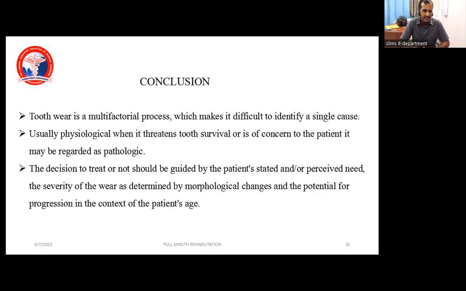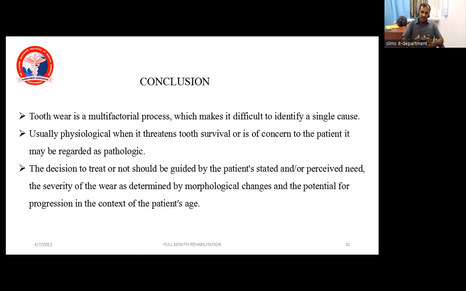And the decision should be determined by the amount of tooth wear and the potential for progression. Even if, as I mentioned earlier in the previous slides, even after replacing the tooth, the bruxism or the neck grinding or any parafunctional activity is severe, then it will naturally damage the replaced part also, the abutment tooth also.